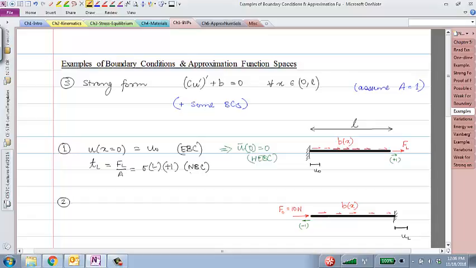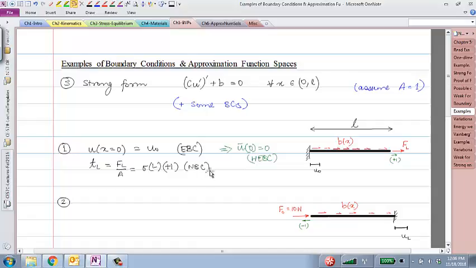And another reason we call it a natural boundary condition, if you remember, is that when we converted our MWR weak form to PVW weak form, we did integration by parts. When we did integration by parts, this natural boundary condition essentially fell out of that integration by parts, quote unquote, naturally. So it came out from the weak form in a natural manner. We call it a natural boundary condition.